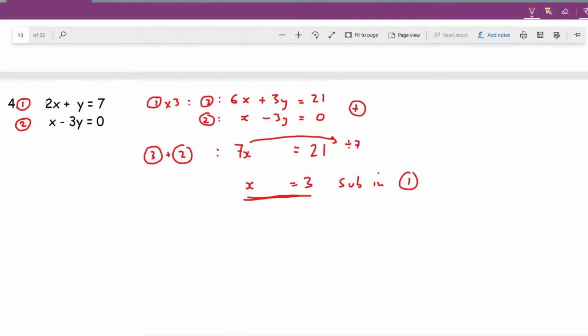So replace x by 3, so 2 times 3 is 6, plus y is going to give me 7, in which case y must equal 1. And that's how simple it is. Process of elimination, so 3, 1 is my coordinate of where those two lines will intersect.